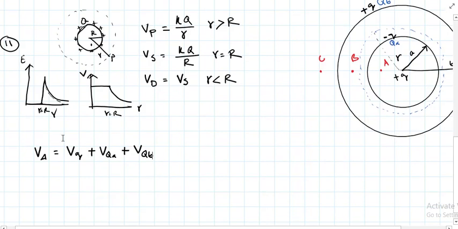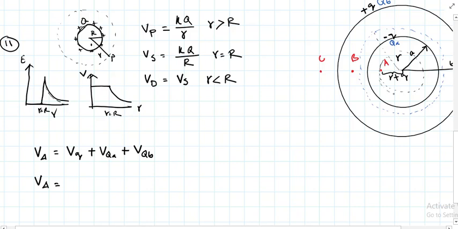Now you can find the electric potential for the charge q at a distance r. Basically this is the q. I'm considering this smaller one as my Gaussian surface.